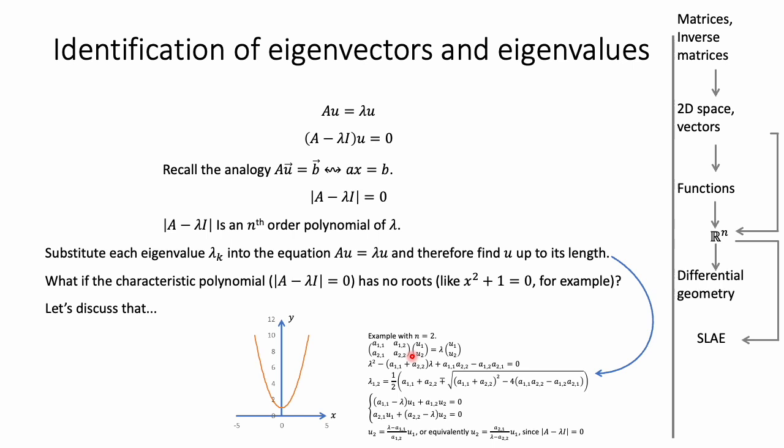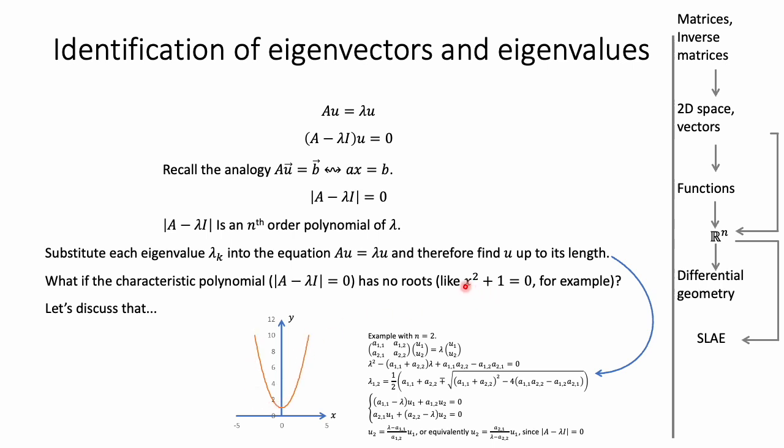However, here is a caveat. What if the polynomial, this equation here, has no roots? And by the way, this polynomial is called the characteristic polynomial of the operator, of the matrix A. But it may have no roots, just the same as this polynomial here has no roots.